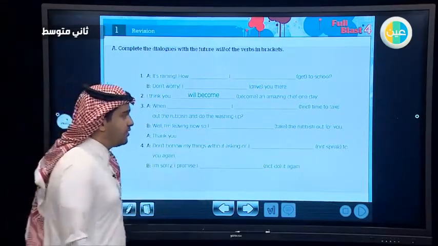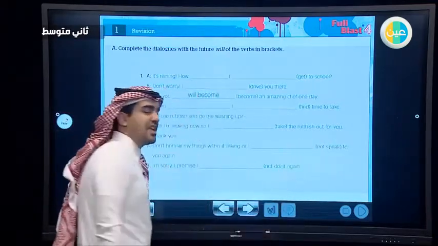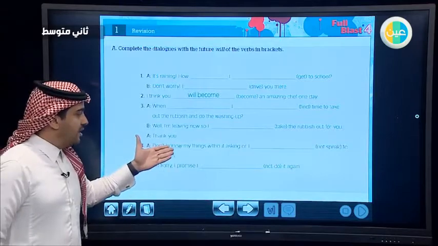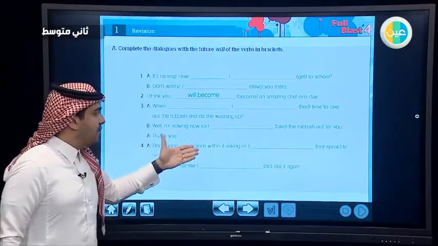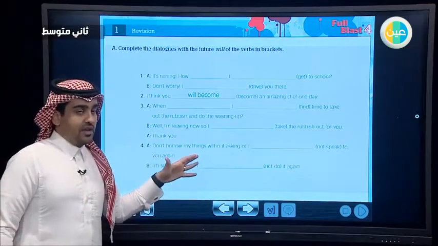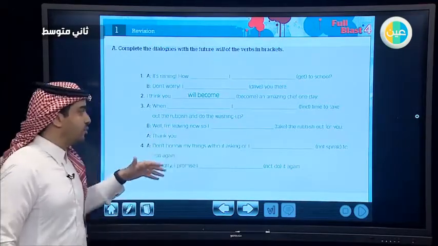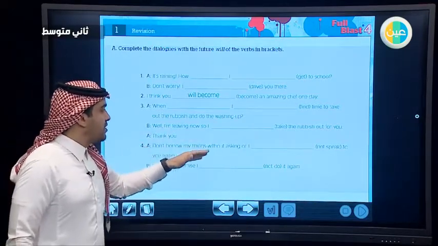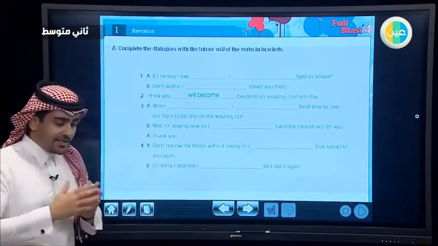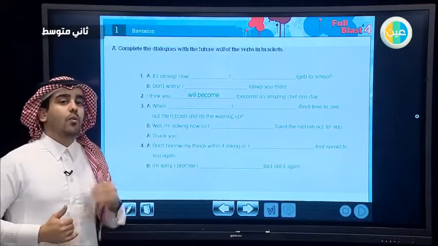The verb we need to use is speak, but in the negative form. This is clearly a warning or a threat, so we use the future will. Don't borrow my things without asking, or I will not speak to you again. We can say will not, we can say won't.